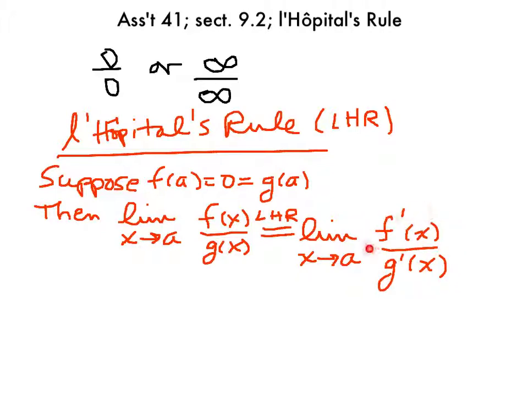Now notice this is not the derivative of that quotient. This is much simpler. It's just the derivative of the top over the derivative of the bottom. That's L'Hopital's rule. Simple, powerful.